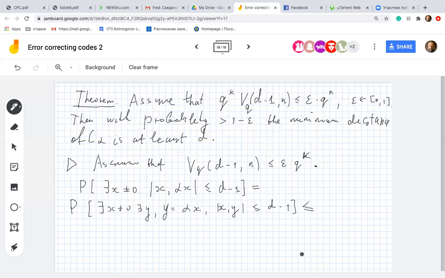We can upper bound this as a sum over all x non-zero and y such that x concatenated with y has small Hamming weight, at most d minus 1, of the probability of the event that y is equal to alpha x.